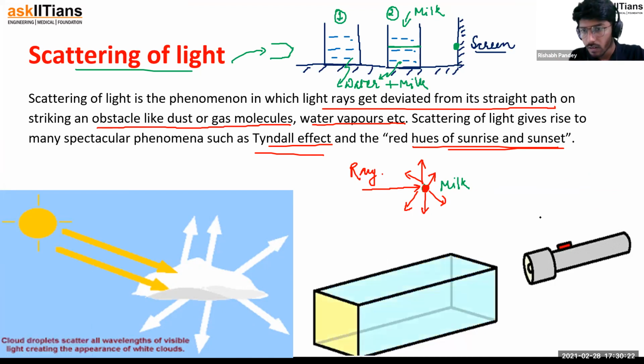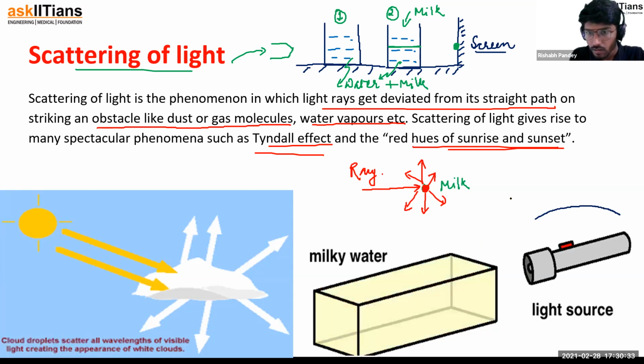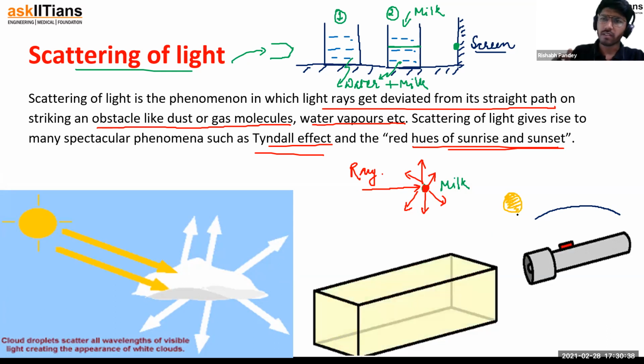Say this is the earth, and this is the sun over here, and it's near the horizon. So obviously it is almost about to set.